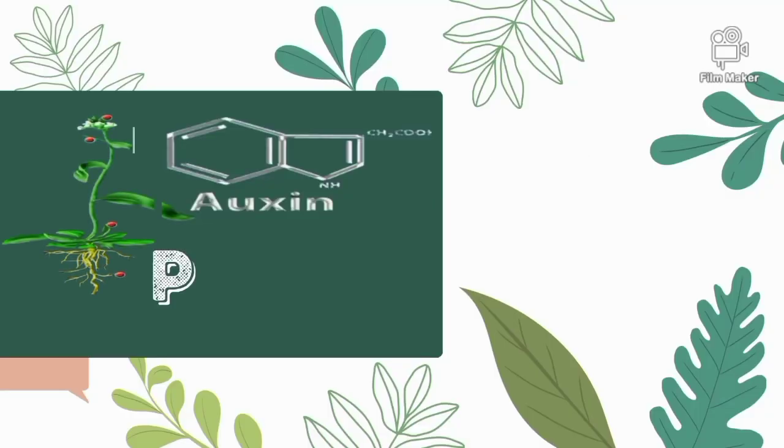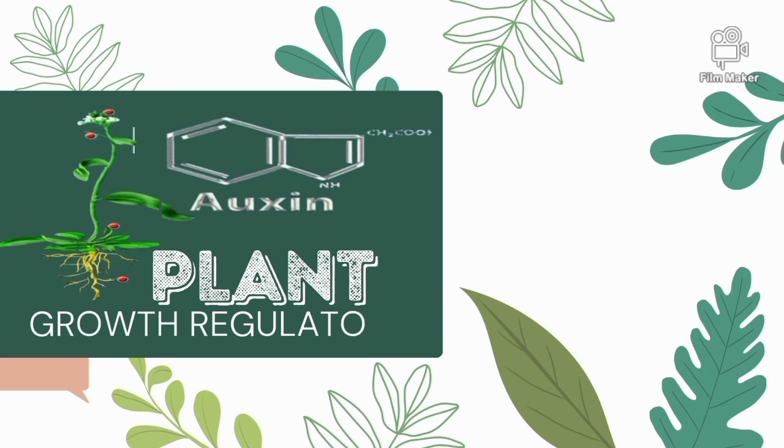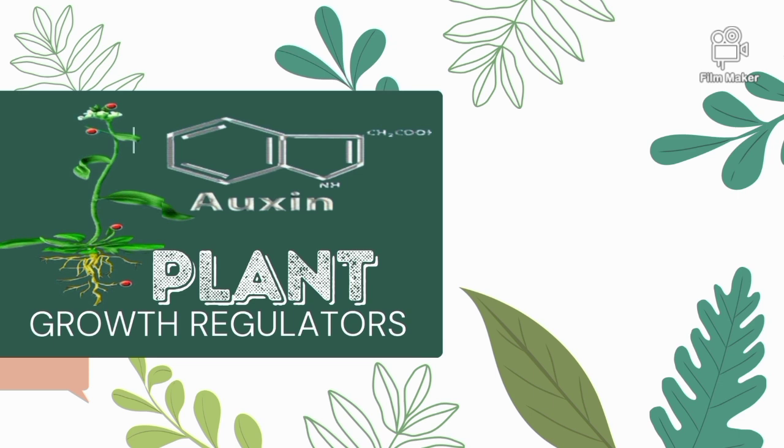We started this series on properties and functions of living cells, and in our last lesson we looked at growth in living cells. We will continue this series by looking at how growth is being regulated in plants, and we will look into various plant hormones that regulate growth and development.